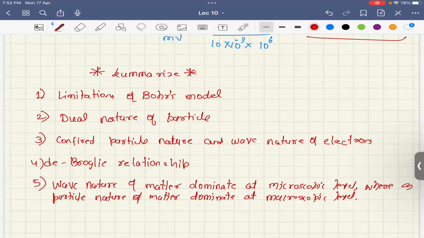So this is what we have concluded. So here we can write Davisson and Germer's experiment.